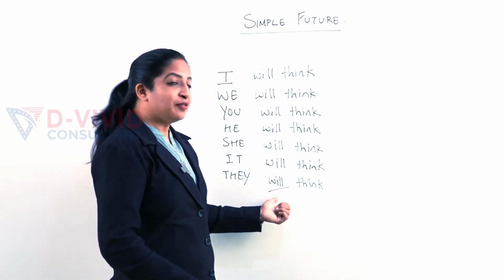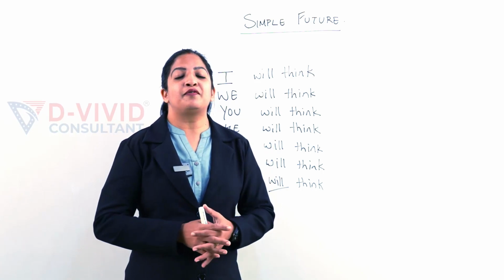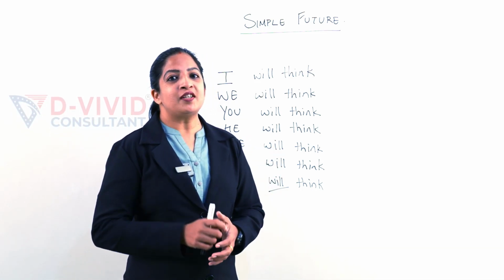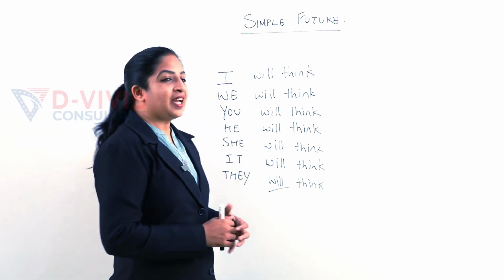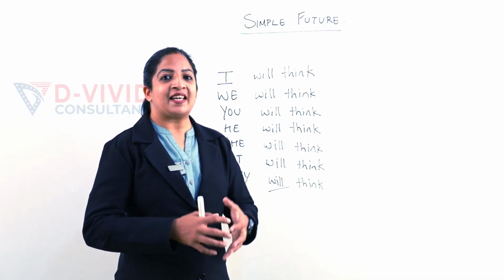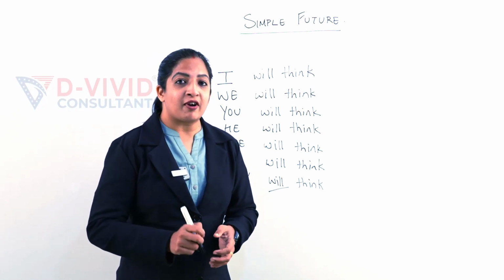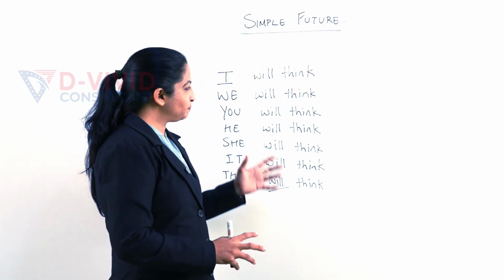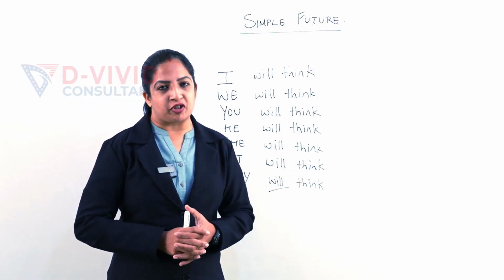We have will for that, and we have the main verb in its first form, in its pure form. One more thing to note here: even though it is she and it, we have not added s or es to the verb. We add that only in simple present tense. So friends, this is the common structure of simple future.